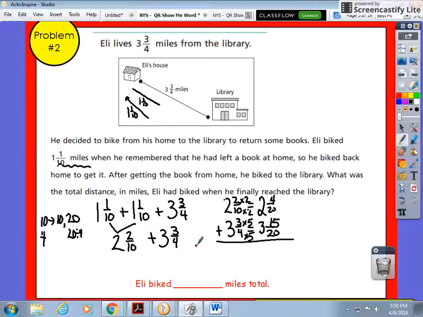I can add my numerators. 4/20 plus 15/20 will give me 19/20. And adding my whole numbers, 2 plus 3 is 5. And I find out that Eli biked 5 and 19/20 miles total.